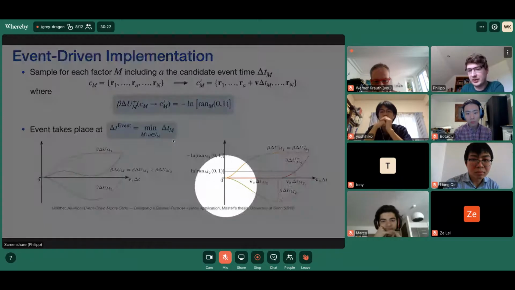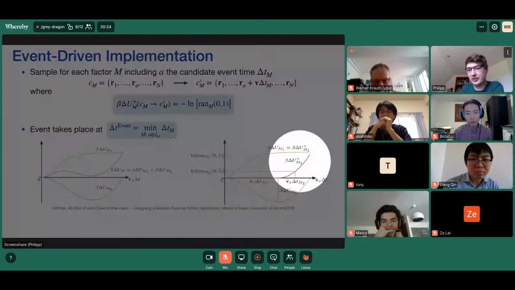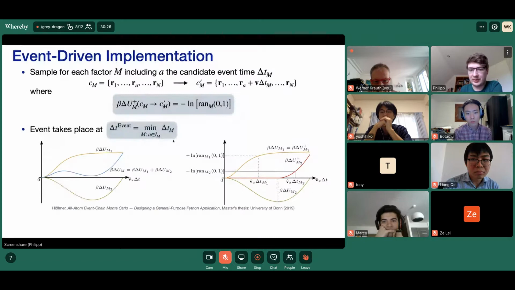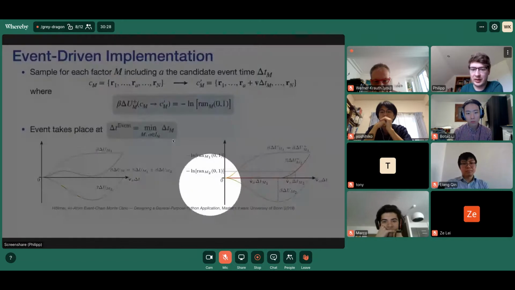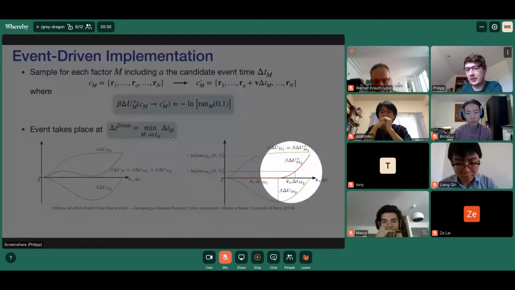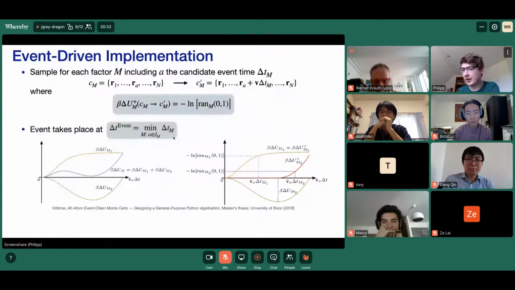So the green curve is here, and the red curve is again the positive potential change of the green curve. So I sample another random number and check where it hits the red curve, and this gives me another candidate event time. What I need to do then is compare these two event times, and I only consider the smaller one. So in this case, it would be the first factor, and then I carry out my lifting move in this first factor, and I just neglect the second factor.